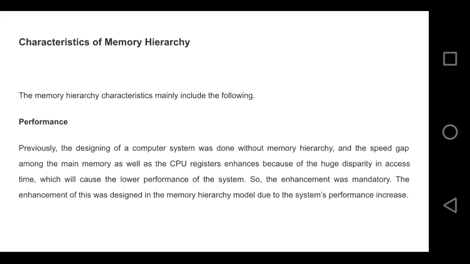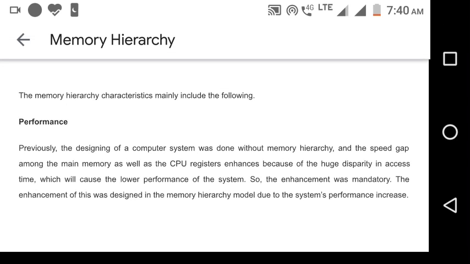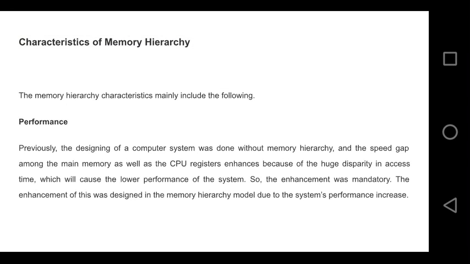Next we see some characteristics of the memory. Now let us discuss characteristics of the memory. There are so many characteristics of the memory hierarchy, of which one of the important ones is performance.